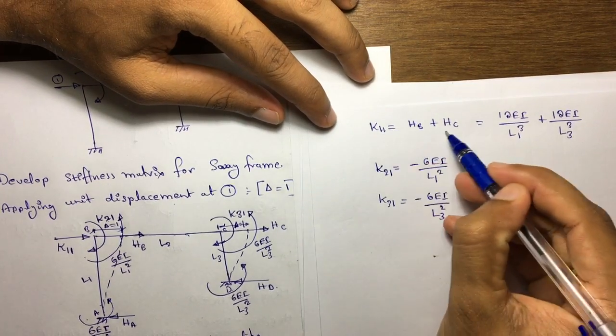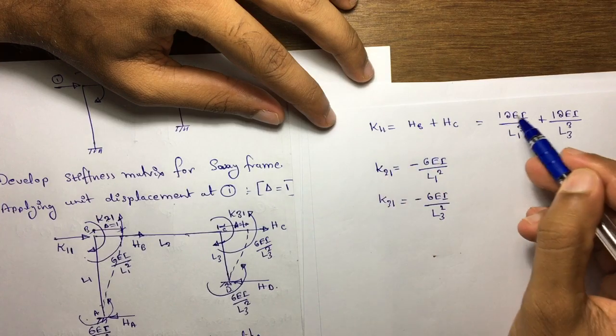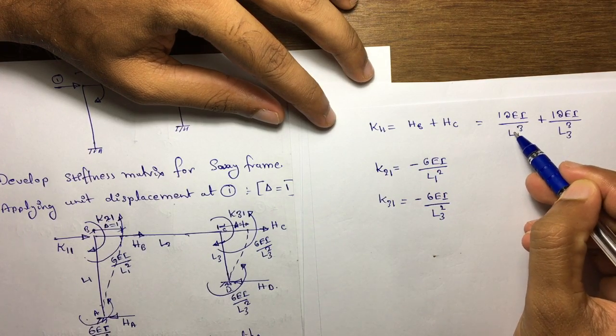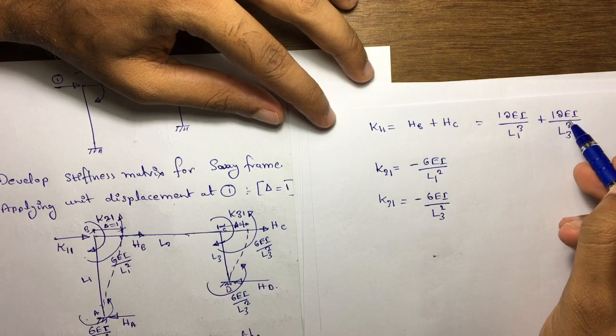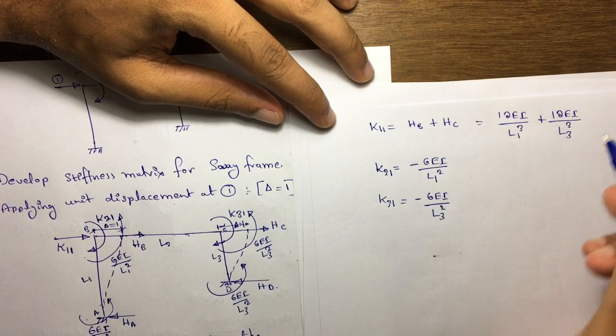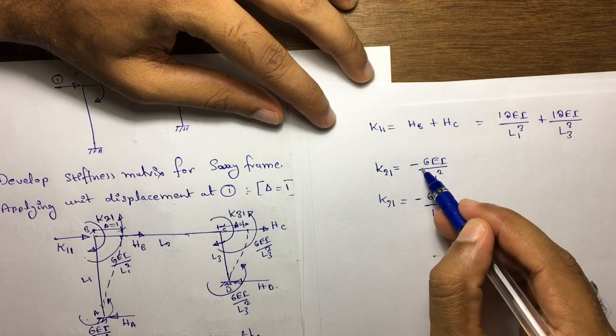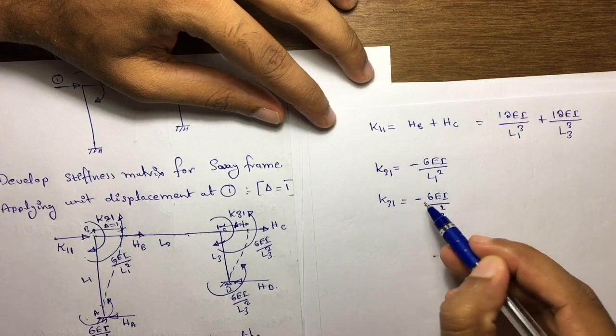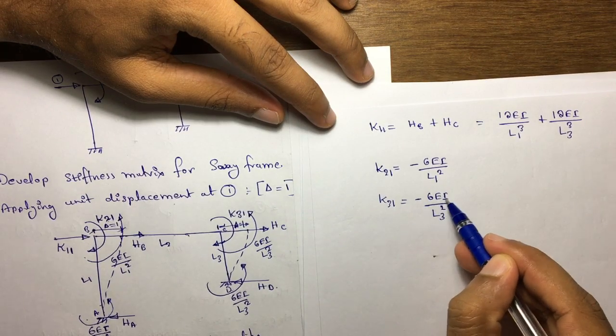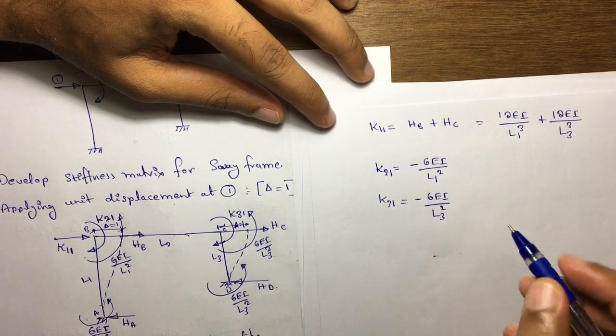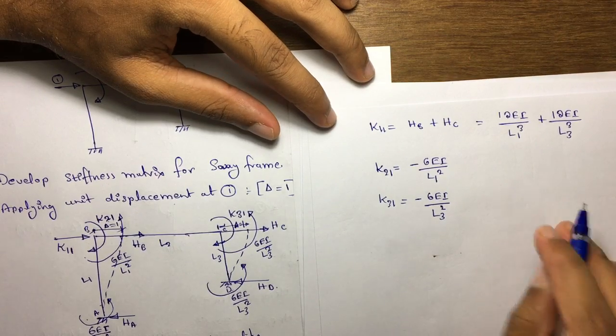So we calculated the first three terms, that is K11 is equal to 12 EI divided by L1 cube plus 12 EI divided by L3 cube, K21 is equal to minus 6 EI divided by L1 square, K31 is equal to minus 6 EI divided by L3 square.